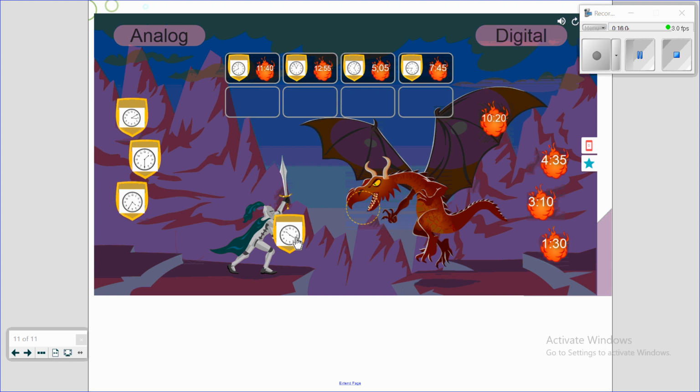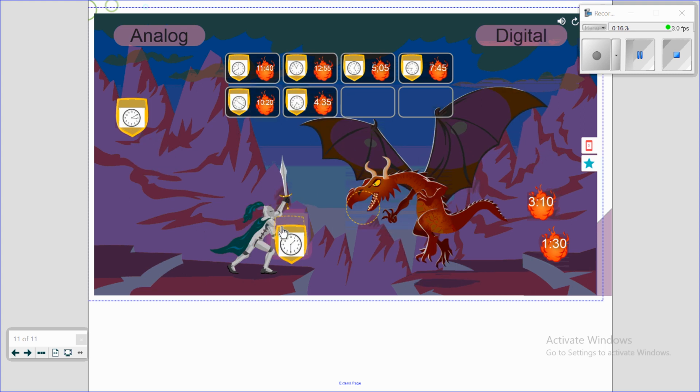See here, 10. Sorry, 10 and the minute hand is on 4. 4 means what? Amazing. It's 20. Here is 7. The minute hand is on 7. 7 means what? 7 times 5. Perfect. 35.